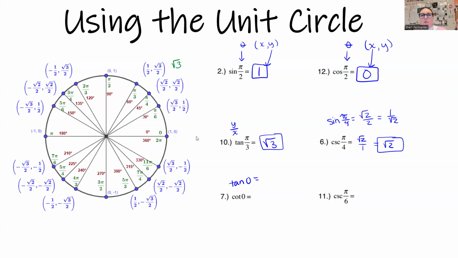Tangent is y over x, so it's 0 divided by 1. When I look at cotangent, I'm going to flip that ratio and I'm going to have 1 divided by 0. Well, what's anything divided by 0? Undefined.